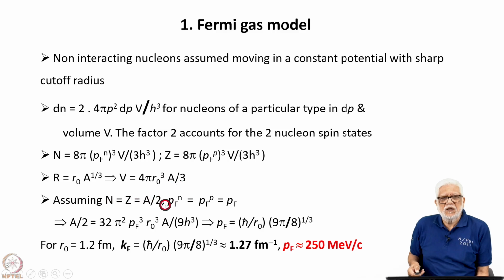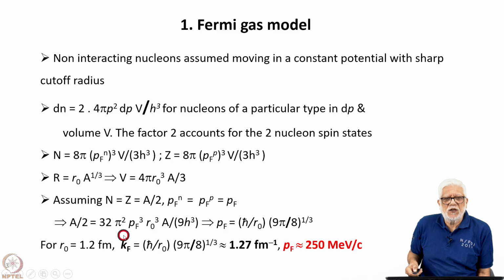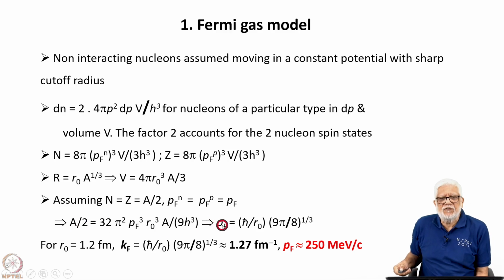And then the Fermi momenta can be equated to a common Fermi momentum p_F. Then this A by 2 comes out to be just some proportionality constant times p_F cubed into A, which means that, since r0 is involved, the A and A cancel out, so you get a relation between p_F, the Fermi momentum of the nucleon, just in terms of this radius parameter.